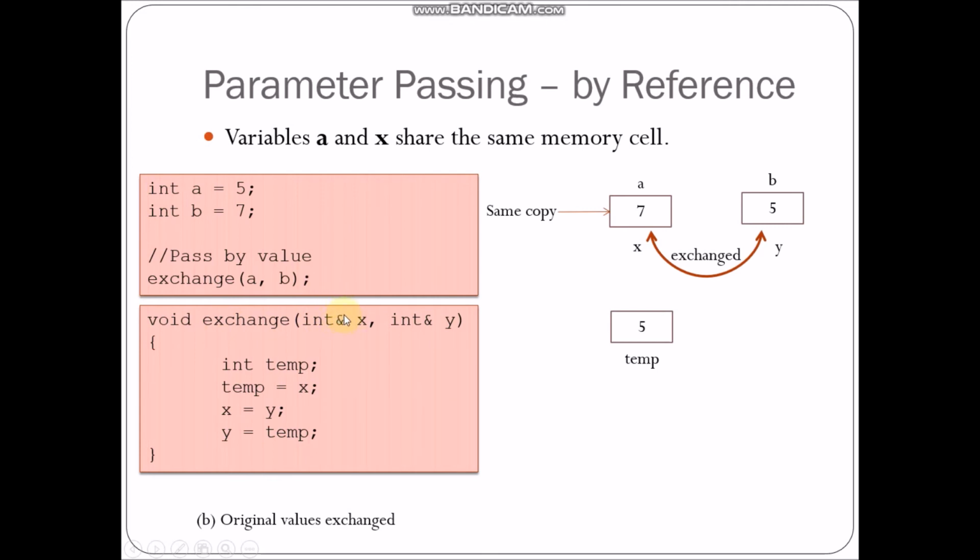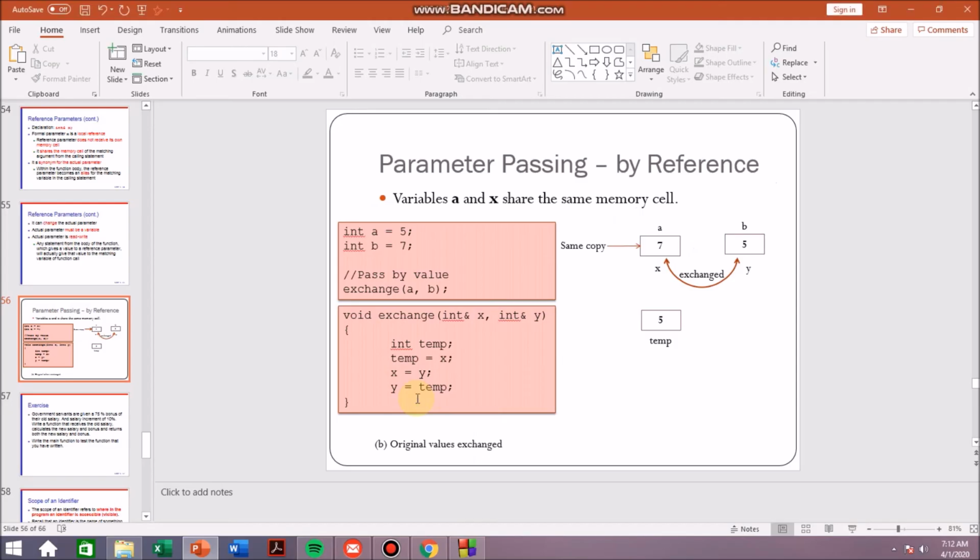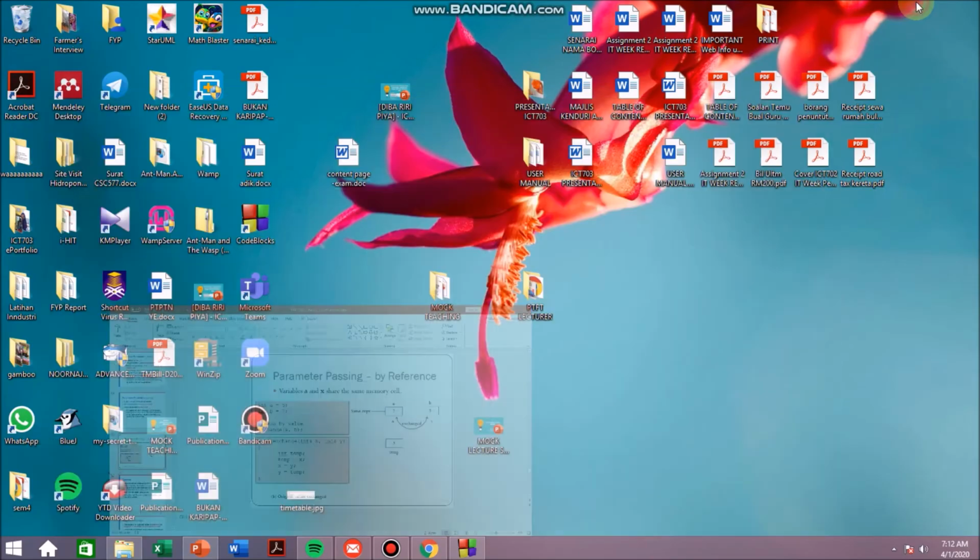So here you will have the symbol for the reference, which is the ampersand symbol. So here you will have int with the reference symbol x and int with the reference symbol for y. Then you will declare the temp. Then you will assign the temp with x, and x will be changed with y, and y will be assigned with temp. So I will show you how this will occur in the coding.